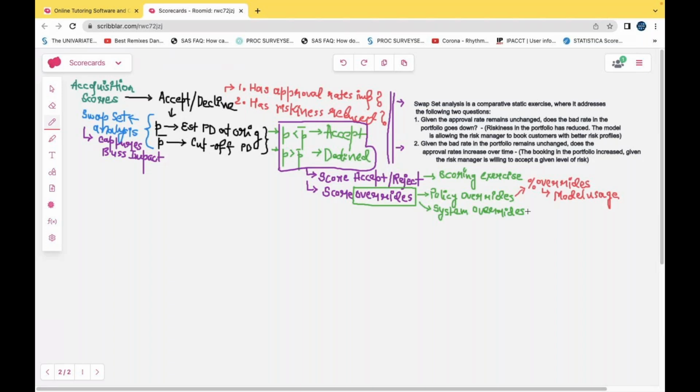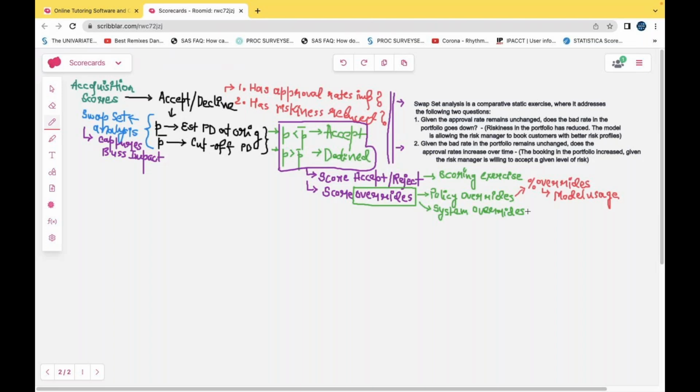Hence it has to be ensured that we use the model very judiciously, and the scoring is done very judiciously. So there should be a set of factors which are excluded. Apart from that, there will be certain system overrides and policy overrides as well.